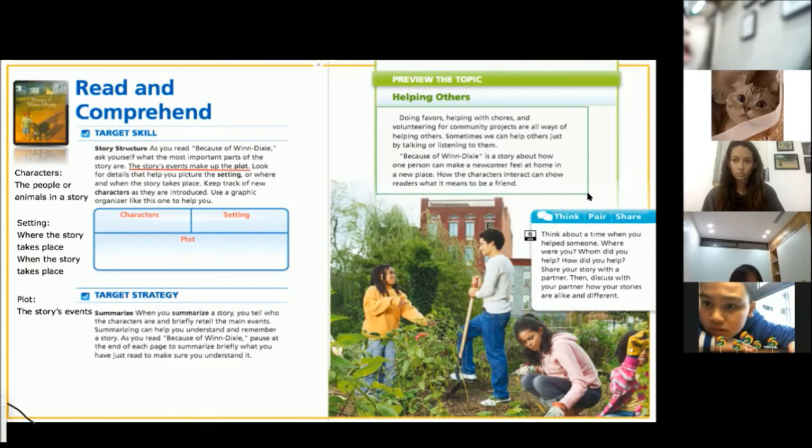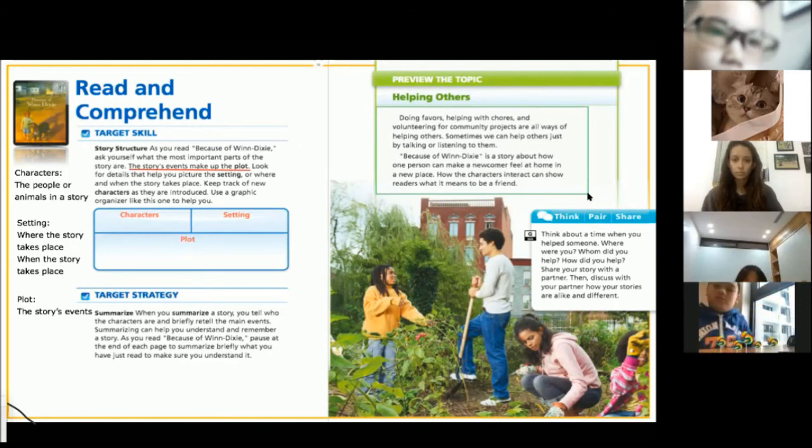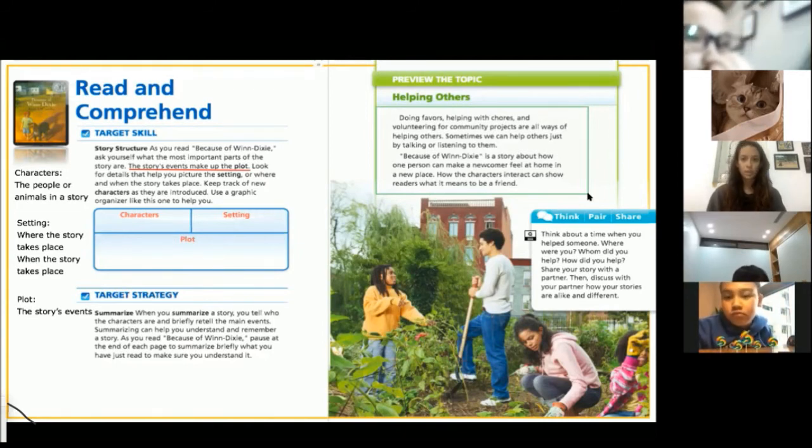Because of Winn-Dixie is a story about how one person can make a newcomer feel at home in a new place. How the characters interact can show readers what it means to be a friend. Okay, good job.